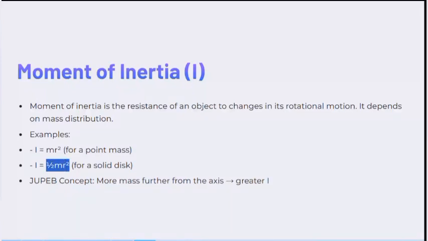So this is the case when the object is a solid disk or ring-like object. That's for moment of inertia.